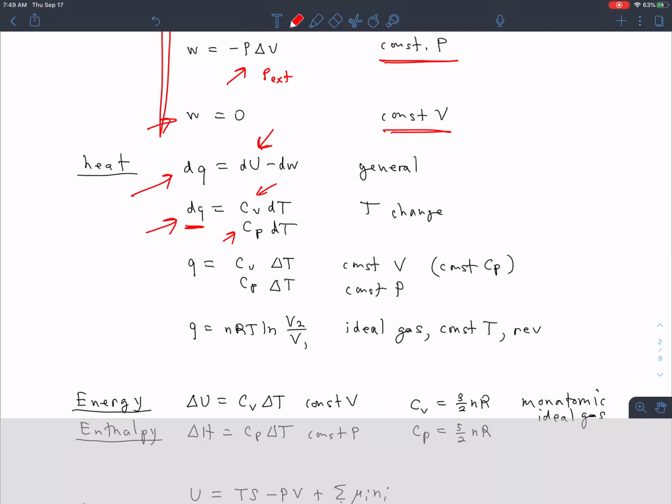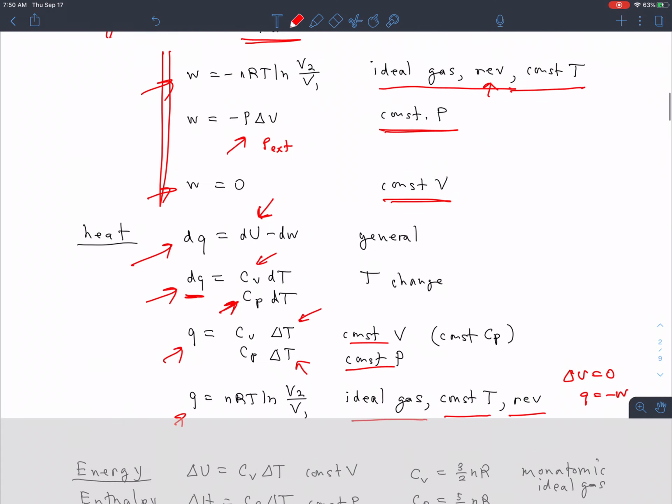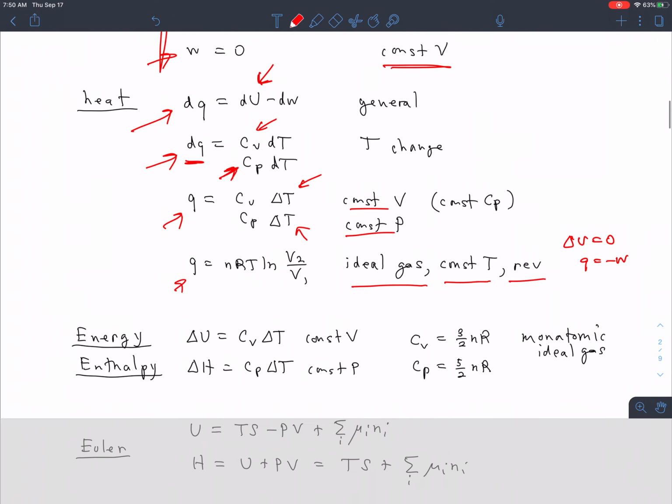And for cases where the heat capacities don't depend on temperature and where there's a finite temperature change, then the heat change is equal to CV or CP, depending on whether it's constant volume or constant pressure, times the temperature change, delta T. For an ideal gas, for a constant temperature change, for a reversible process, delta U is equal to 0, and so Q has to equal minus W, and so Q is equal to nRT log V2 over V1. That's just the negative of this work relationship up here.